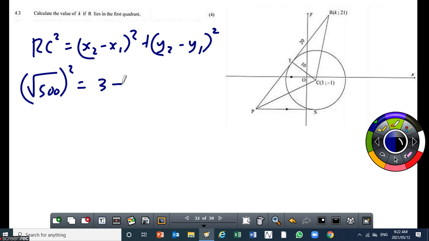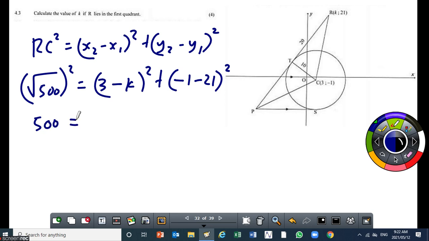So that will be 3 minus k squared plus, my y2 is negative 1 minus y1, that's 21, and I square that. Here, I'll get 500 is equal to 3 minus k squared, then minus 22 squared. There's no need to remove brackets here, as I told you yesterday. Simplify this. What is 22 squared?